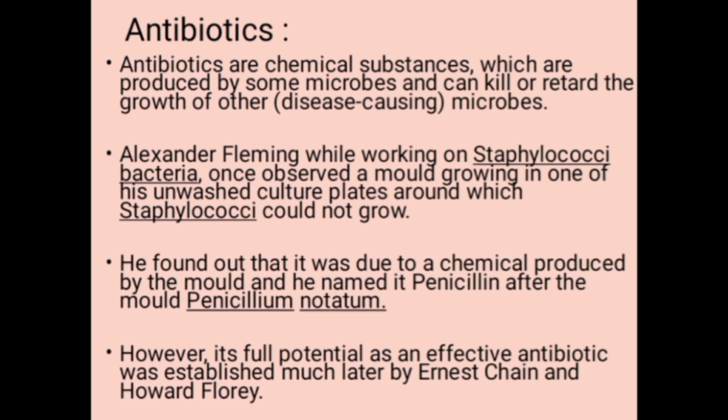He found out that this was due to a chemical produced by the mold, and he named it penicillin. Penicillin was produced by Penicillium notatum. Penicillin was the first discovered antibiotic.